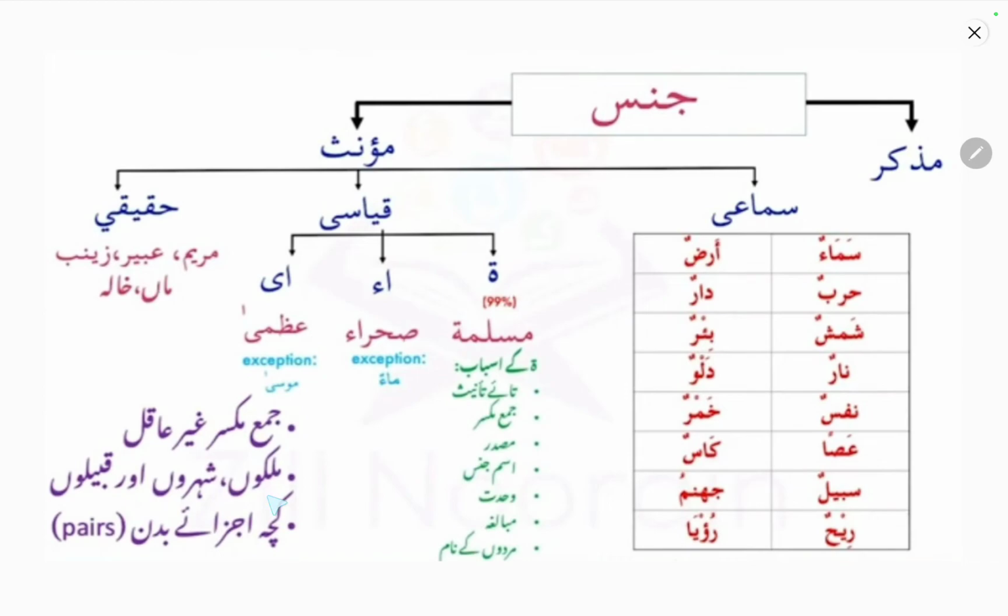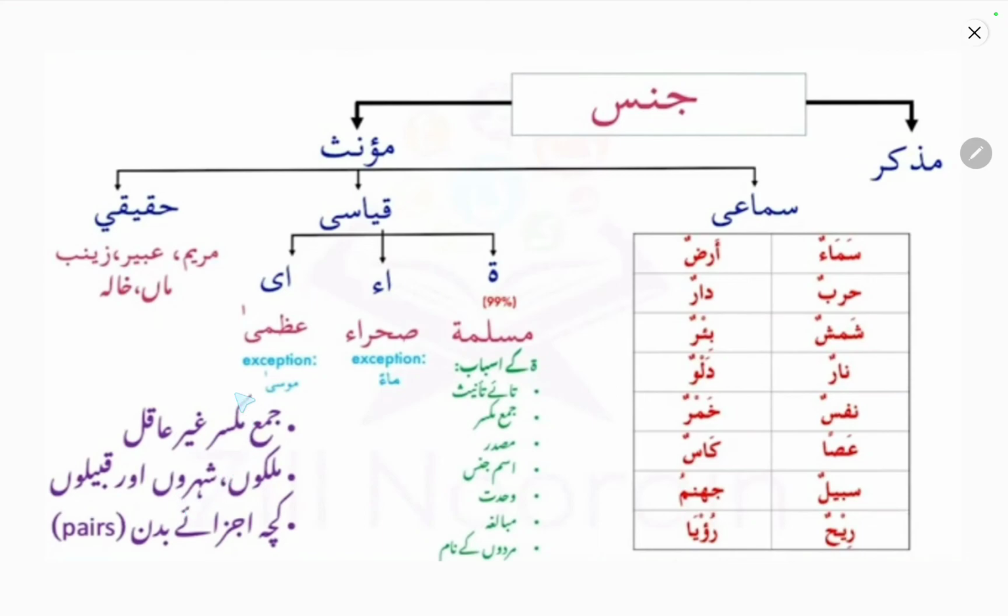And there are some other ways to identify a feminine noun, just by seeing the pairs, like two hands, two eyes. Just by seeing the pairs we can say that yadun, two hands, and such nouns are also grouped under feminine nouns. The name of a country, the name of a place, such nouns are also grouped under feminine nouns.